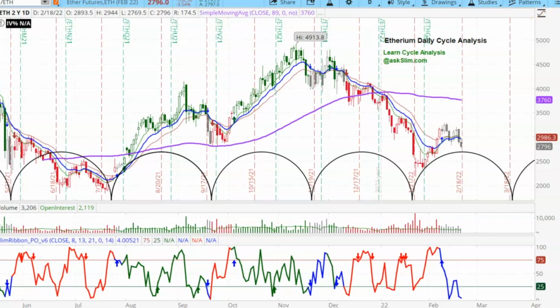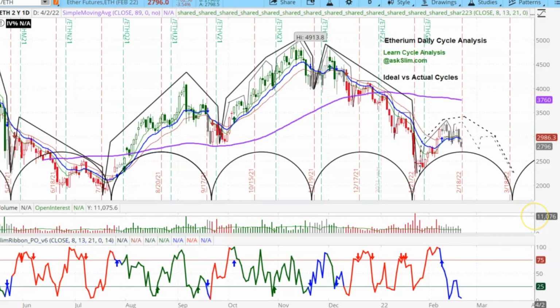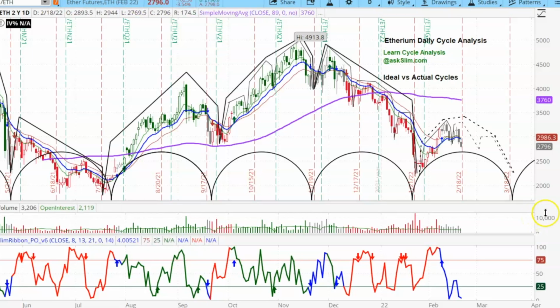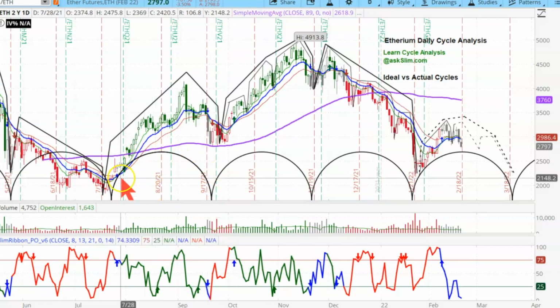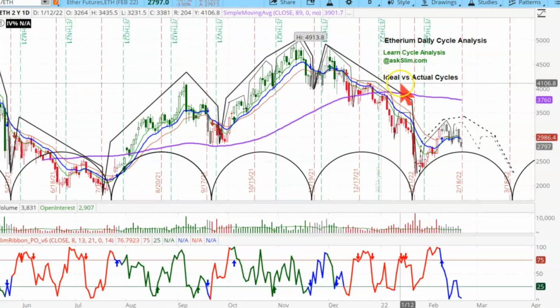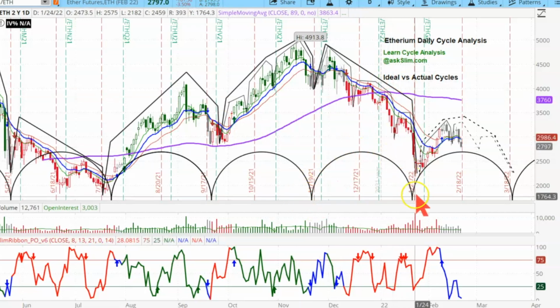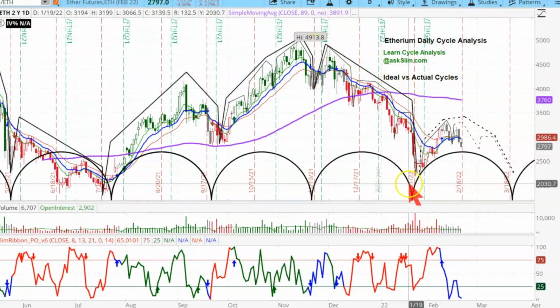Now what I'm going to do is go to the next slide, which shows you adding in what the actual cycles are. And you can see in here that there are actually more than one cycle. What I've illustrated is this dominant cycle right in here, and how that showed up in reality. So we're looking at the ideal, which is the cycle bracket, and the actual, which is this upside cycle line.